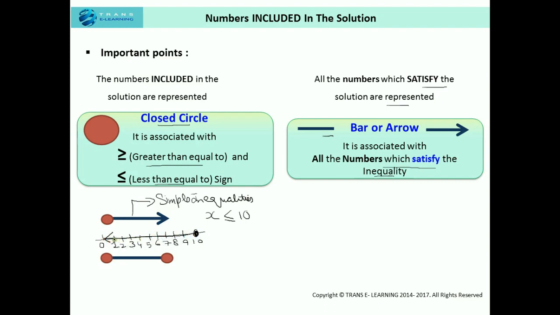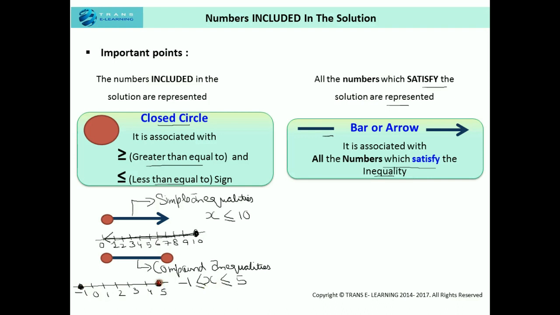So this is how we represent the solution on the number line for simple inequalities. In the case of compound inequalities, we will be using two closed circles with a bar in between, like x is greater than or equal to -1 and less than or equal to 5. In this case, as x is greater than or equal to -1, we will mark a closed circle on -1, and as x is less than or equal to 5, we will mark a closed circle on 5.